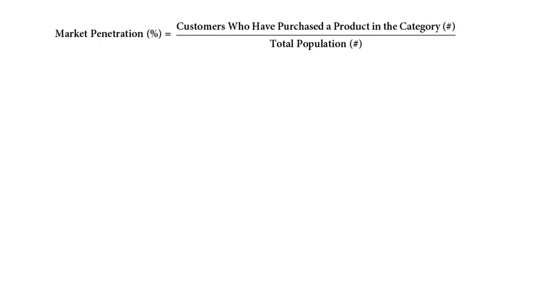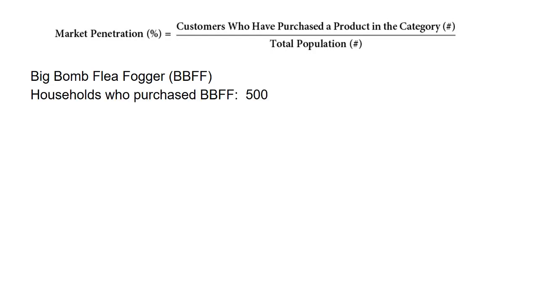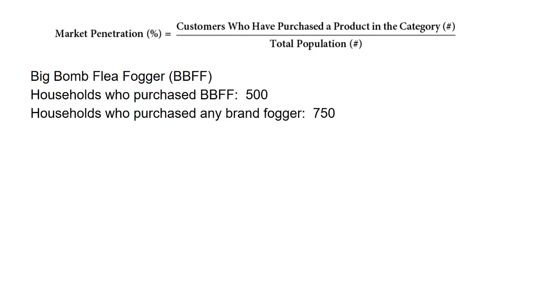Market penetration: the number of customers or households who have purchased a product in a particular product category as a percentage of the total population. From the book, Big Bomb Flea Fogger, it's a funny name, a bit of a tongue twister. We know that 500 households purchased this product, but we know that the households who purchased any brand of fogger was 750.